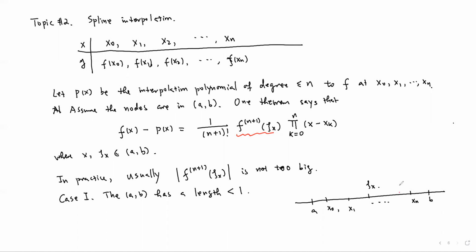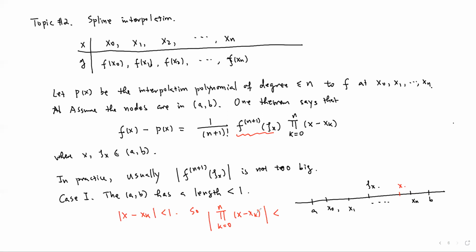So in this case, we can see that each factor x minus xk in absolute value is less than 1. So as a result, their product in absolute value is less than 1.